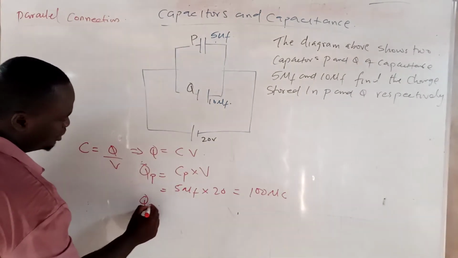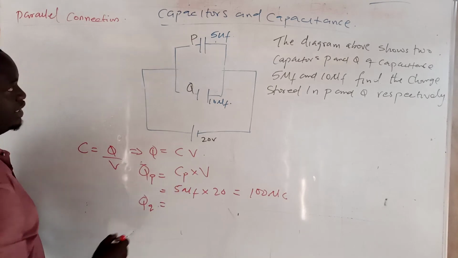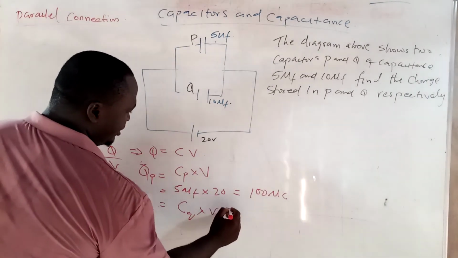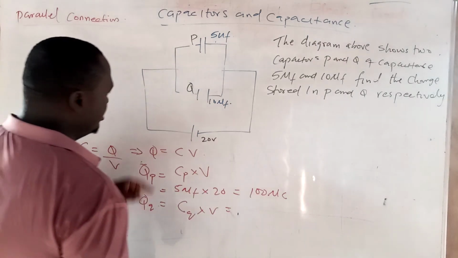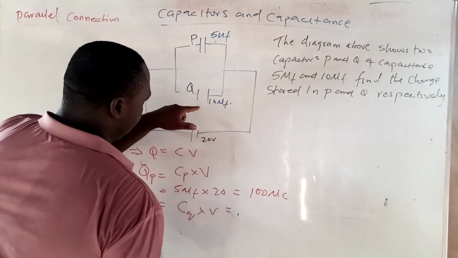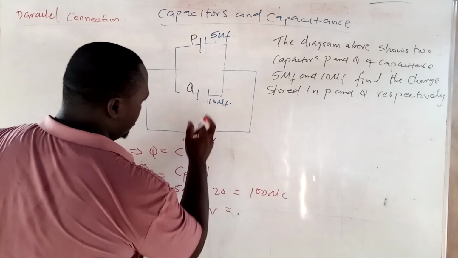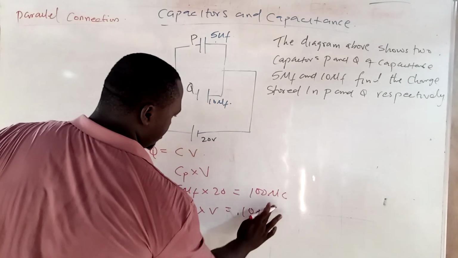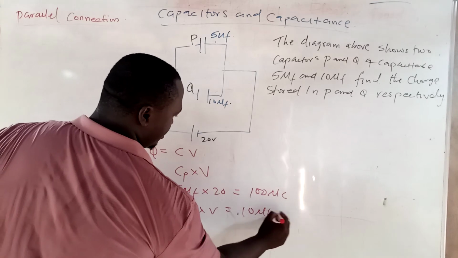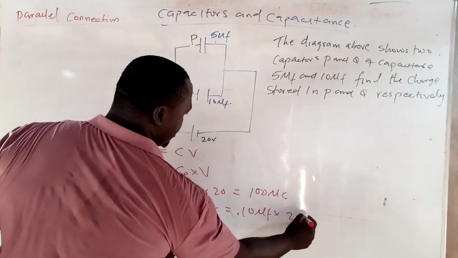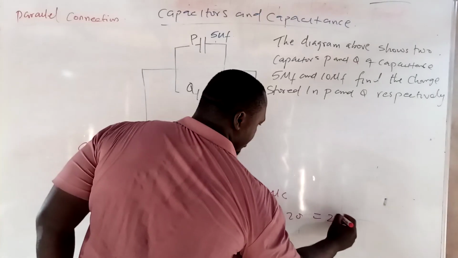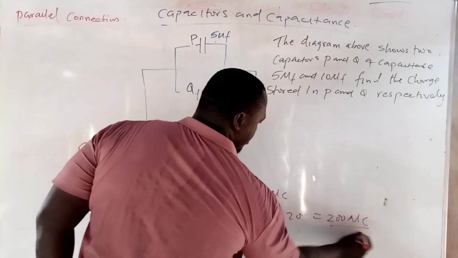Now, the charge of Q, small q, is CQ times V, and that will give me 10 microfarad times 20, and that will give me 200 microcoulombs.